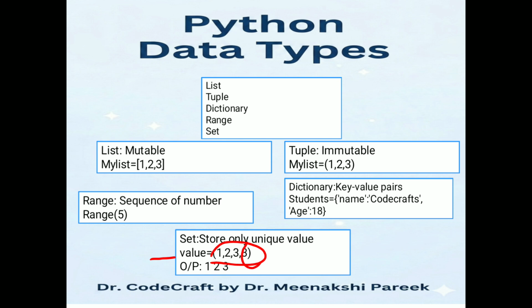The next 3 is discarded because a set only stores unique values, that's why the output is 1, 2, 3. If a set has duplicate values, it considers only the first received value and other same values are discarded by the set.